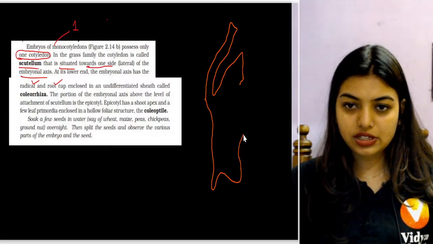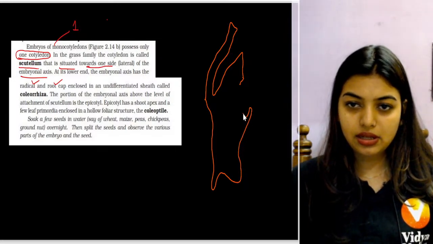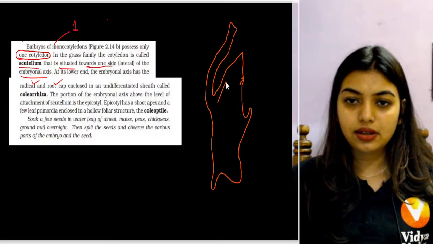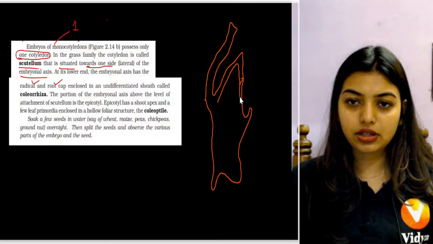Usually we do not draw this diagram, we draw the easy diagram, but since I did not add the diagram, I thought I'll draw this. It looks something like that.